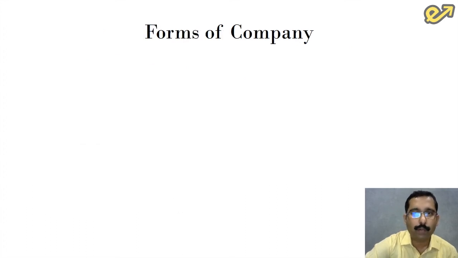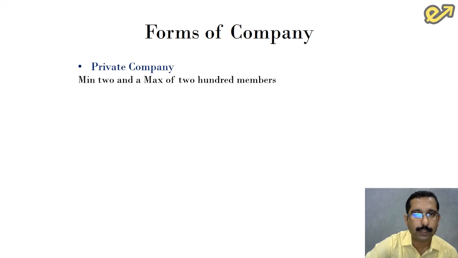Now, there are different forms of companies. The three important forms that we are going to discuss here are, first, the private company. What's the characteristic feature of a private company? There should be a minimum of 2 and a maximum of 200 members. This is how a private company is created. It restricts the right of transfer of shares.